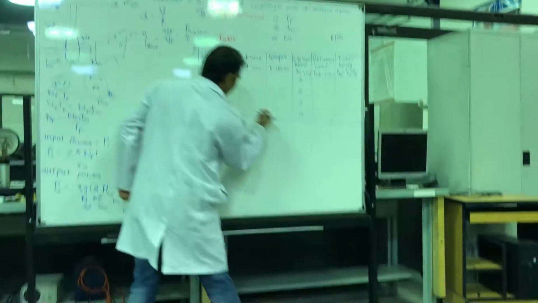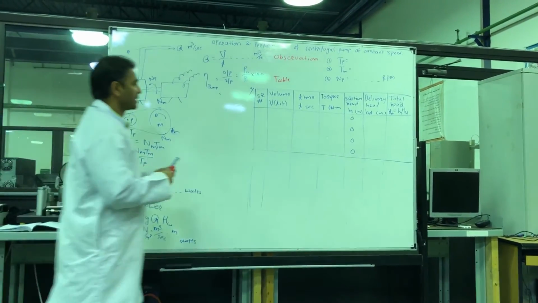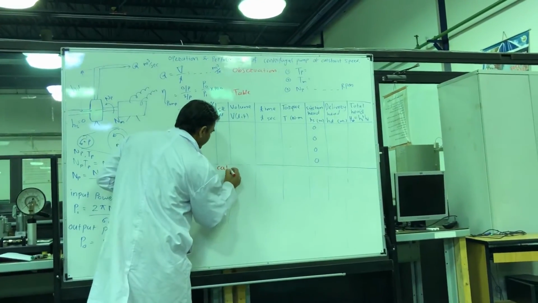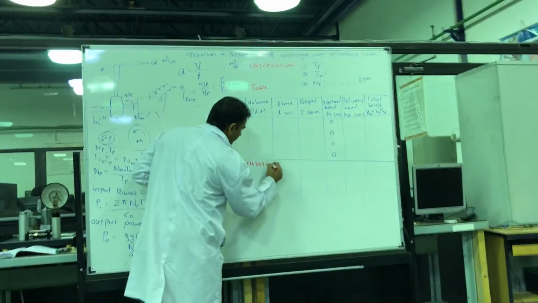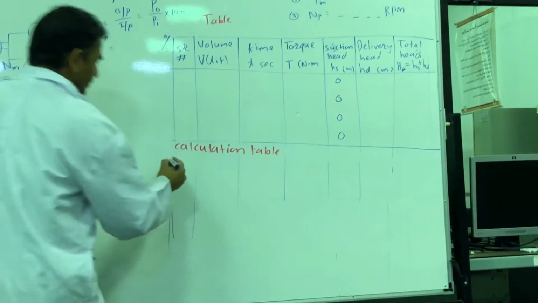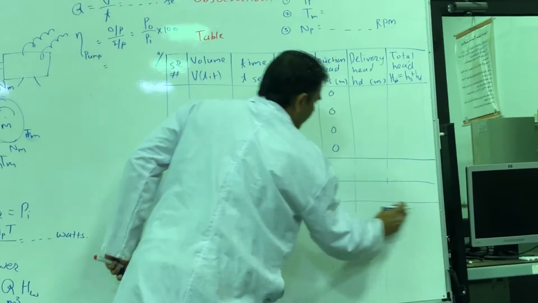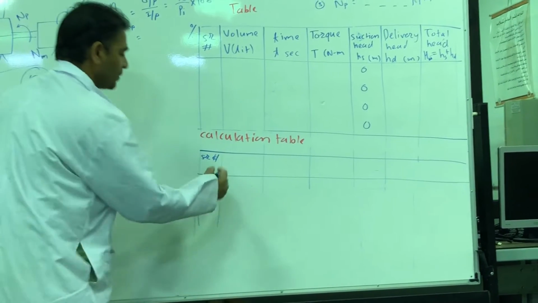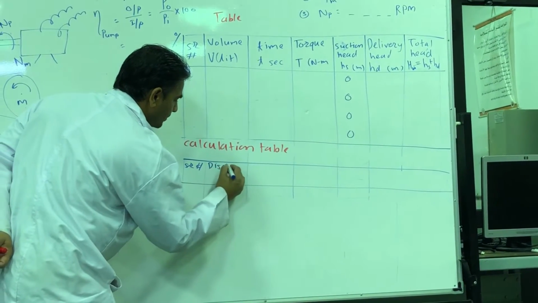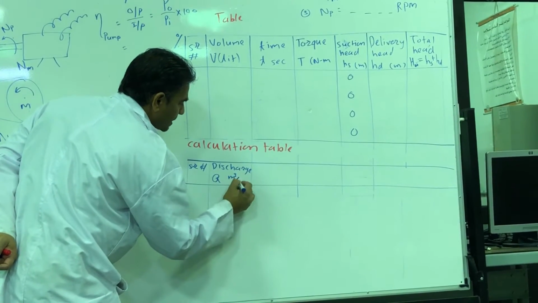Now, how to write the calculation table? Calculation table. First is the serial number, which we already have. Now what can we calculate easily? Q, discharge Q in meter cube per second.